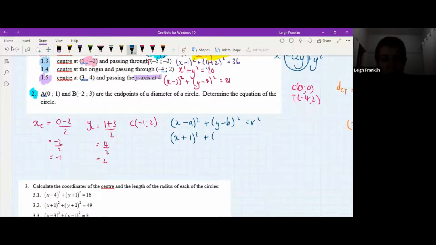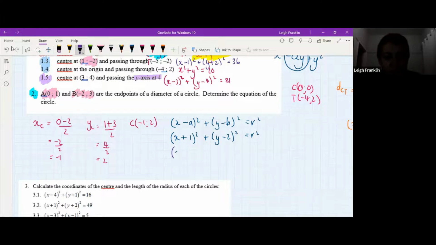As far as the b is concerned, that's going to be y minus 2 equals r squared. And now you have 2 points, either A or B, that you can use as a corresponding x or y in order to sub in. So you could use A or B, it doesn't matter.